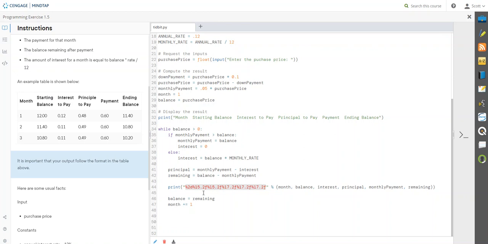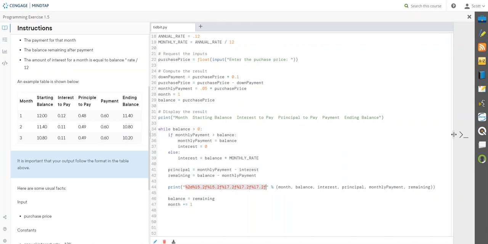Okay. 0.2 decimal places. So this is what's going to space this thing out to where it looks like columns. These spaces align with the number of characters that we see up here at the top of the columns. All right.